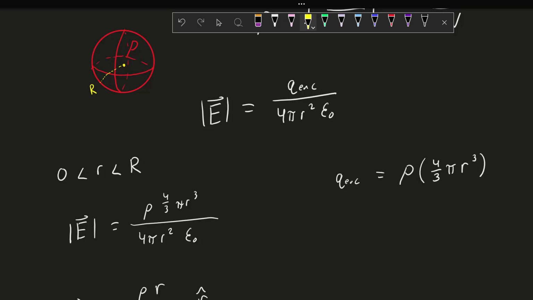And now this would be the electric field, an equation for the electric field at any radius of the Gaussian sphere. Okay.